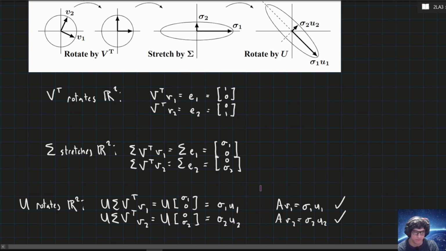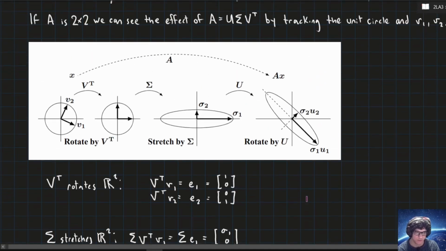So in total we've tracked A times V1, and we got sigma 1 times U1. That's exactly what we want, right? That's the relationship between the V, the sigma, and the U. And the same with the second vector too. So that's good that it works.